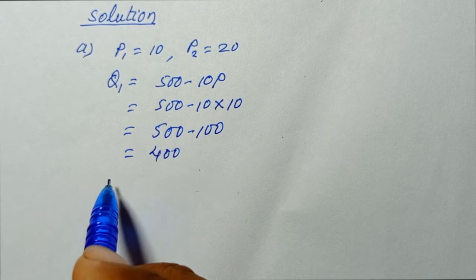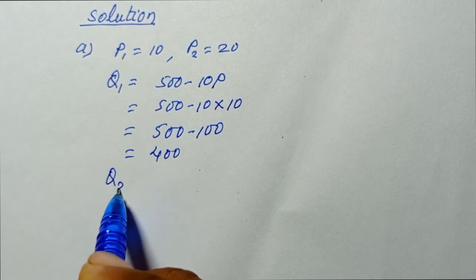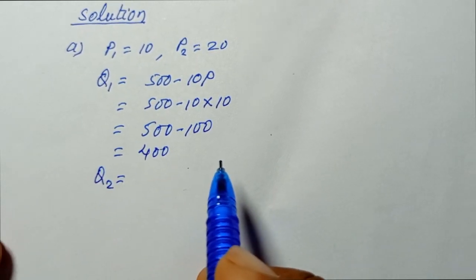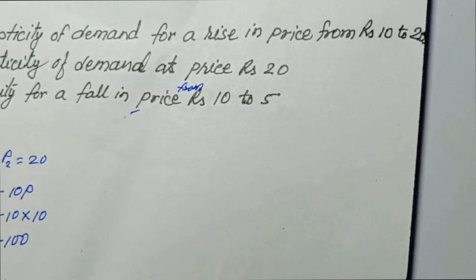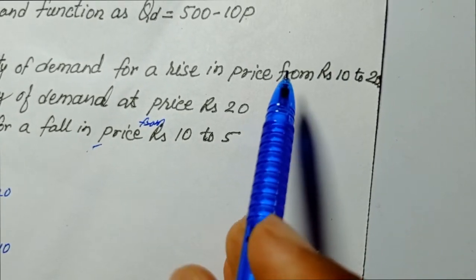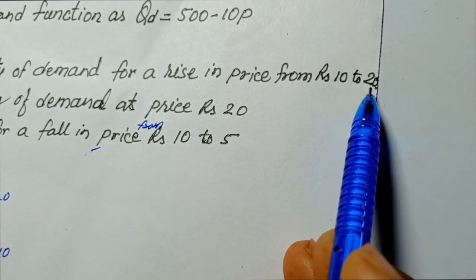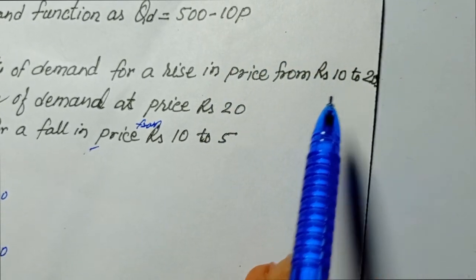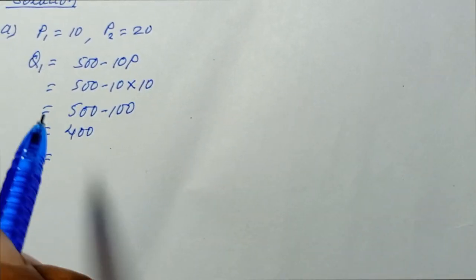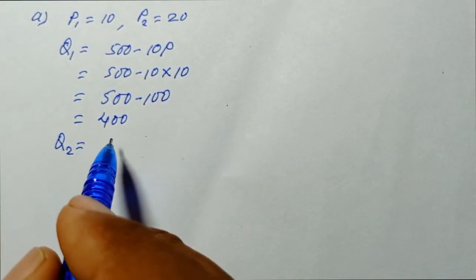Now next, the new quantity. You can find out the new quantity by substituting P with 20, or in place of P you should write 20 and then calculate to find out the second quantity.